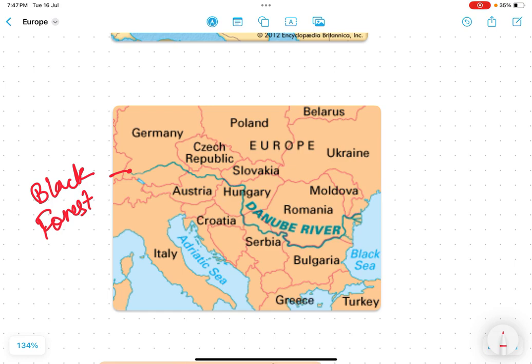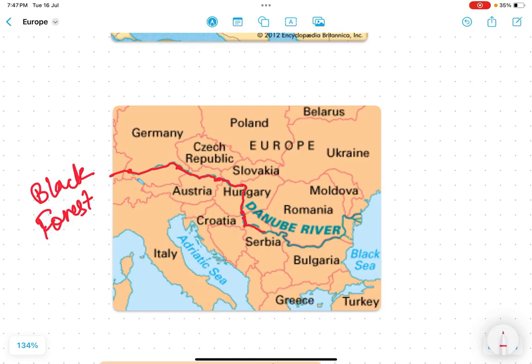So the river from Black Forest crosses into Austria. Then it forms the border of Slovakia and Hungary. Then it flows through Hungary into Croatia and Serbia border.